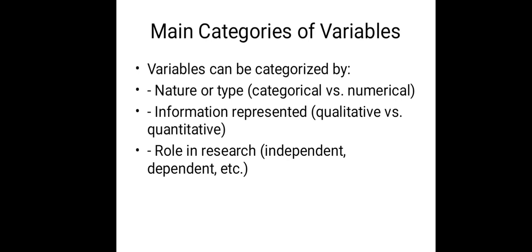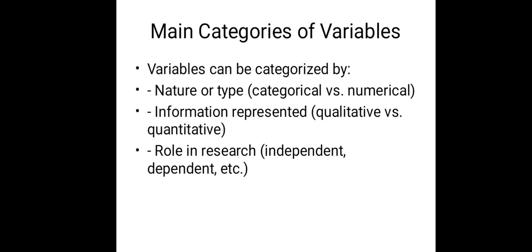So if we categorize them according to their nature or type, we are going to have two categories. And these categories are categorical and numerical. So we're going to have categorical versus numerical as the categorization according to the nature or type of variables.